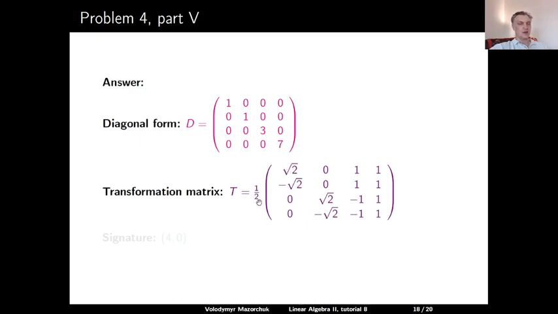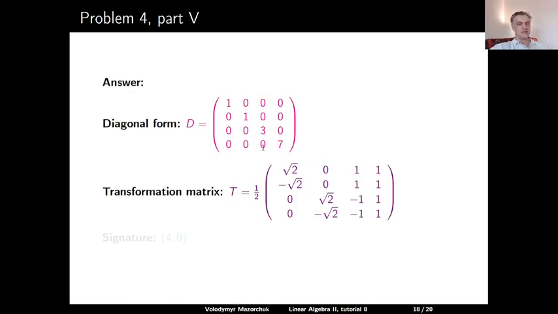So we take out 1 divided by 2, and then the first eigenvector is root of 2, minus root of 2, 0, 0. This is an eigenvector with eigenvalue 1. Then we have 0, 0, root of 2, minus root of 2. This is an eigenvector with eigenvalue 1. These roots of 2 are because of the scalar 1 divided by 2, which is taken out.